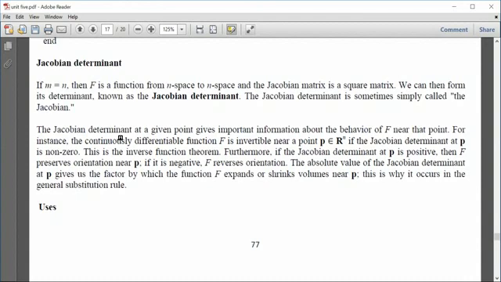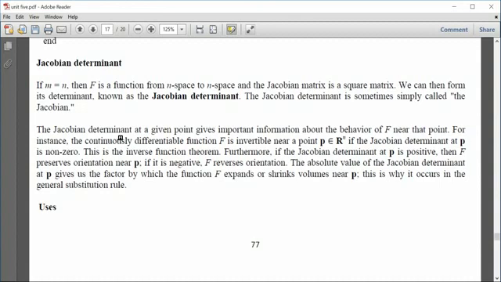I'm going to talk about the Jacobian determinant. Here they're saying if m is equal to n, then f is a function from n space to n space, and the Jacobian matrix is a square matrix.